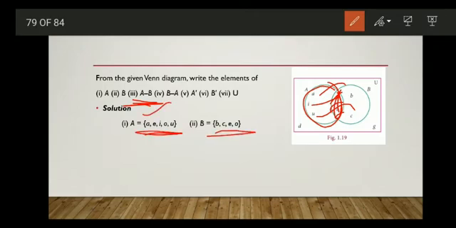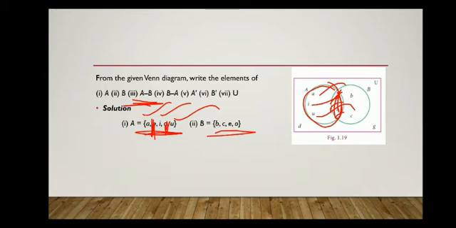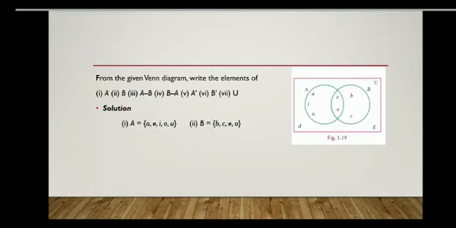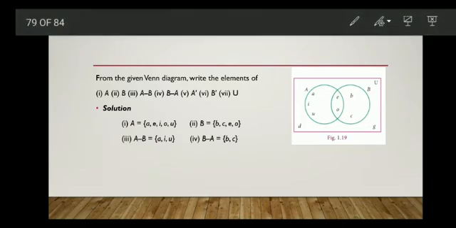When you take A, it is not there in B. E is there in B, so we have to remove E. Then I is not there in B, so you can write it in A difference B. O is there in A and B, so we have to neglect O. U is not there in B, so A difference B will be A, I, U. B difference A. Similarly, if you find B difference A, that should be only in B, that is B, C. B and C.